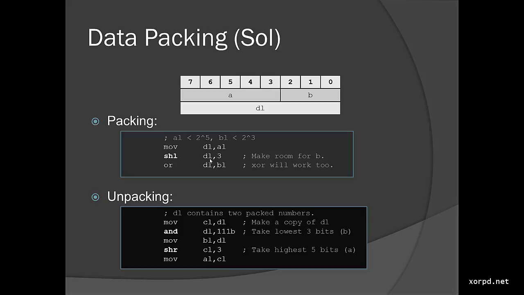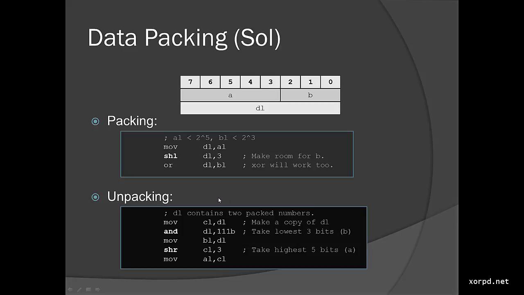So we first put A inside, then we move it by 3 locations to the left, and then we put B inside. How can we do it? We use the OR instruction. This is pretty much a very simple example. I want to note that instead of this OR instruction, you could also use XOR. I will leave it to you to think about it. This is pretty interesting.